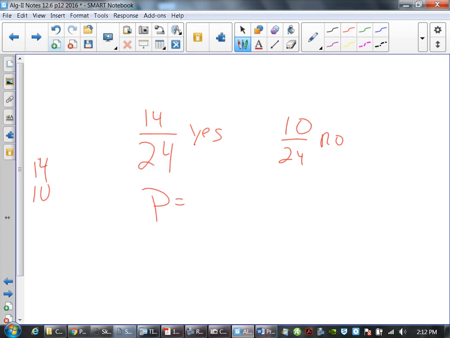So my success rate here is 14 out of 24, 7/12, which is some number I don't know off the top of my head, but I'm going to use some decimal. 0.58. Just remember this. So if my success rate is 0.58, my failure rate is 0.42.